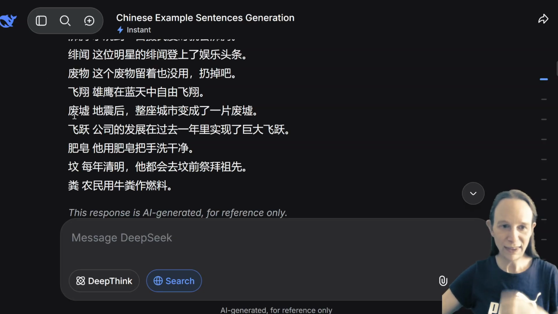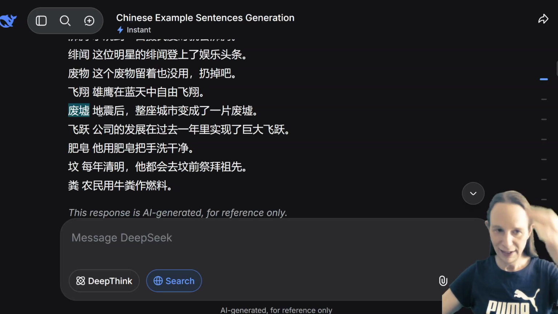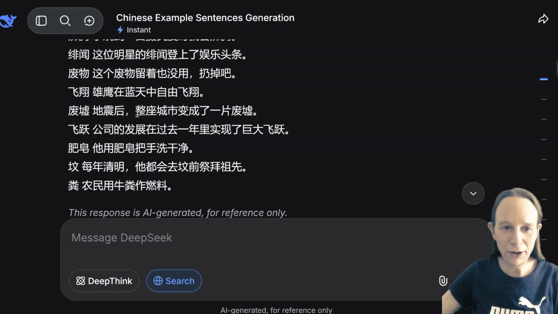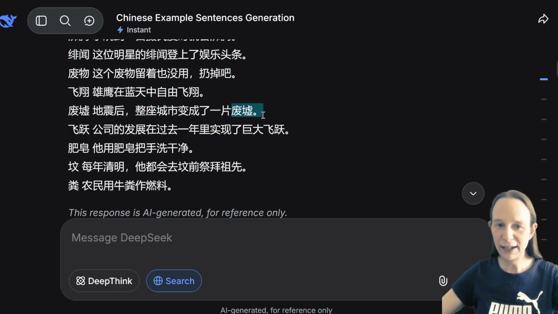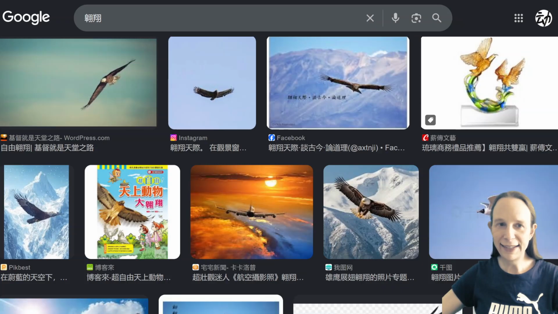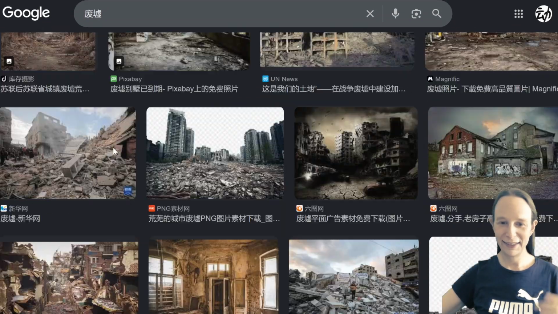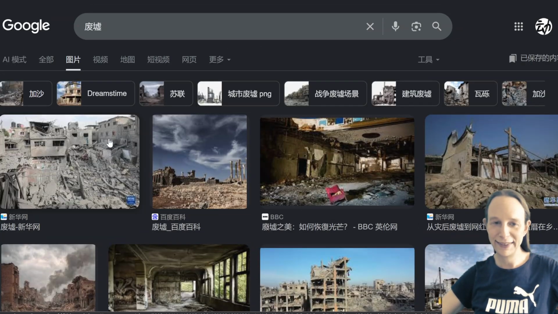All right. 废墟. Yeah, 废墟, so it can be after an earthquake, like in the AI's example. 地震后，整座城市变成了一片废墟. So the city became ruins after the earthquake, but most often I see it for like Roman ruins. Maybe it's more often ruins.